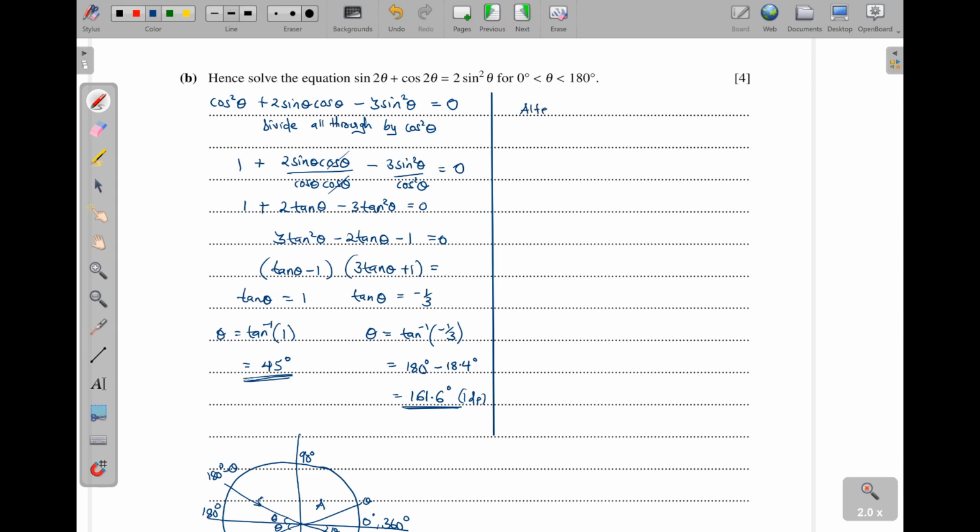Alternatively, this one requires a lot of thinking. The cos squared you are having here, let me just bring it here. This equation here, since this one is a square and this one is a square, I'm going to take it as a quadratic, and I factorize it.